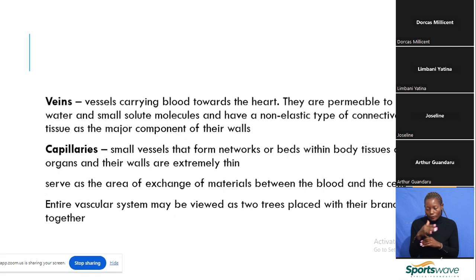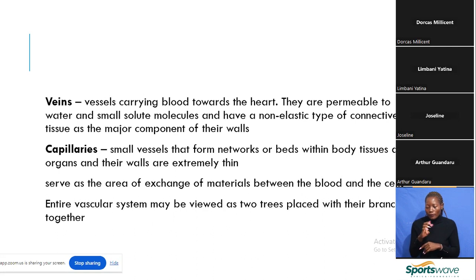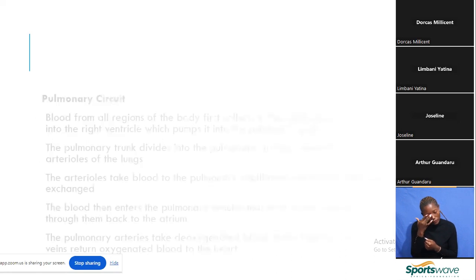And of course, you have the veins that carry the blood from the tissues back to the heart, coming back to the heart again for purification. Then you have the capillaries that serve as the bed for diffusion, the gaseous exchange, which again I will highlight where they take place.